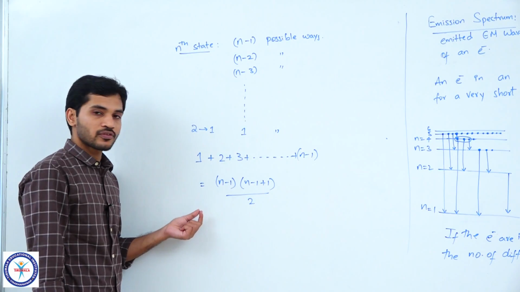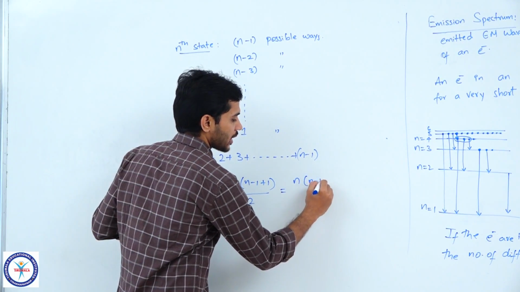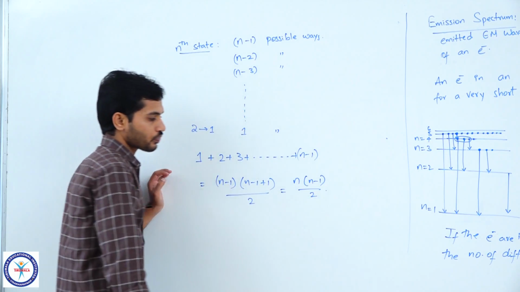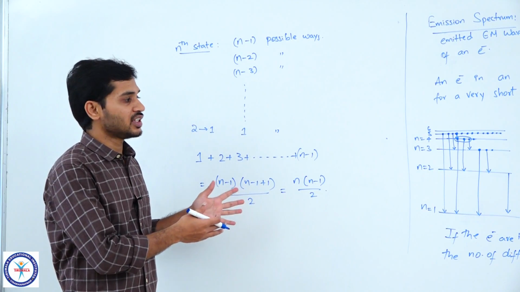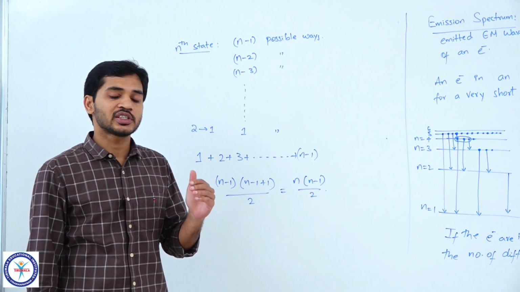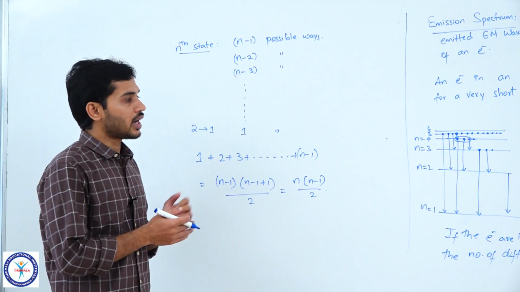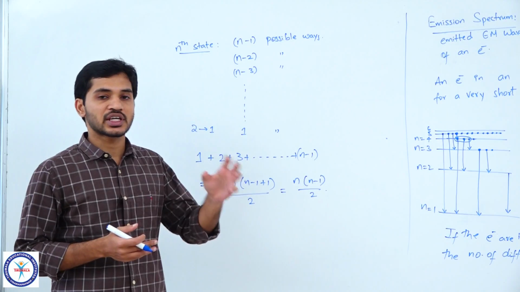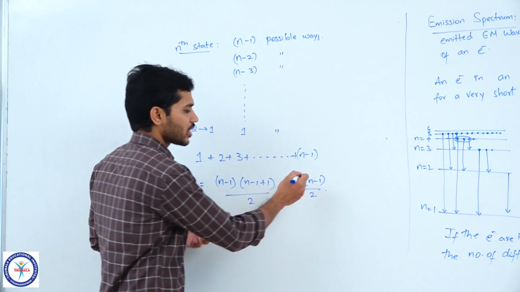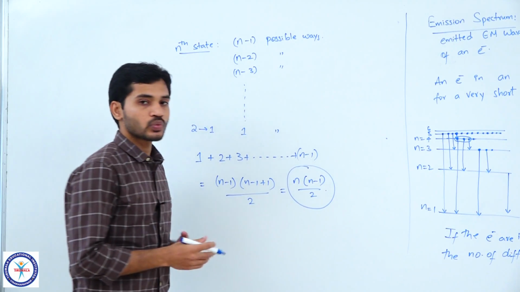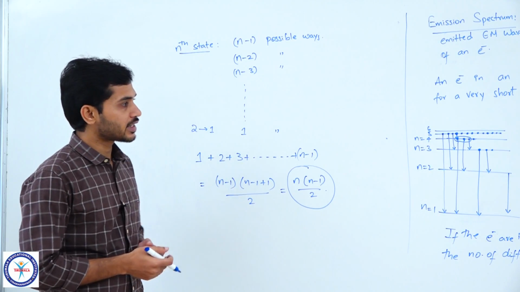The value of this would be n into n minus 1 by 2. So I will just summarize what we have just seen. If all the electrons are initially in the nth state, and you observe the emission spectrum of such a sample of gas, we can observe n into n minus 1 by 2 different types of wavelengths. That is the basic idea.